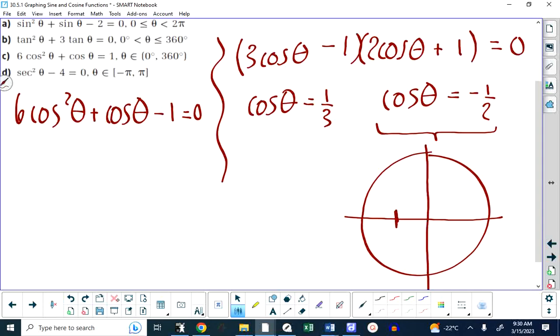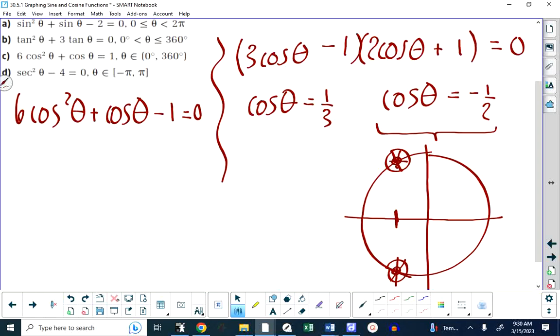Cosine is the x-coordinate, there's negative 1/2, so you're looking at these two locations. And depending on what the domain is, you can go clockwise, counterclockwise, you can go around a number of times if the domain permits it. You can be in degrees or radians, but finding those rotation angles from these positions is easy, I think.